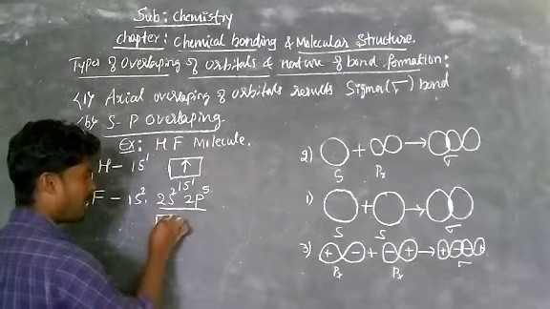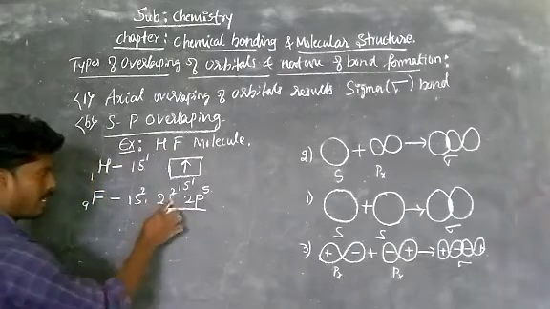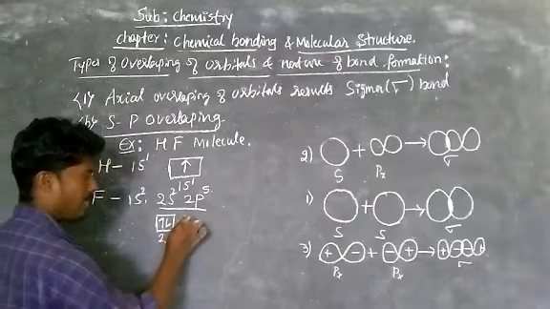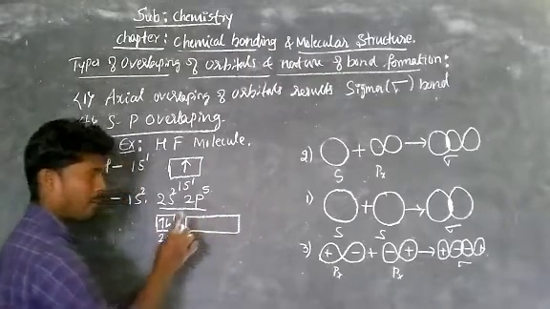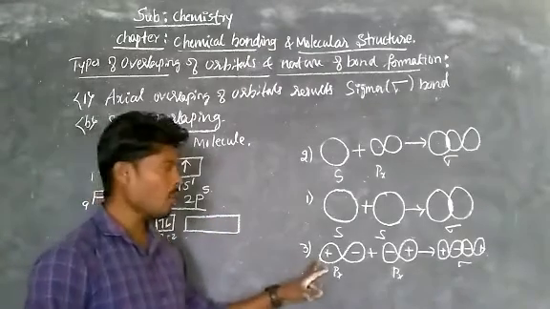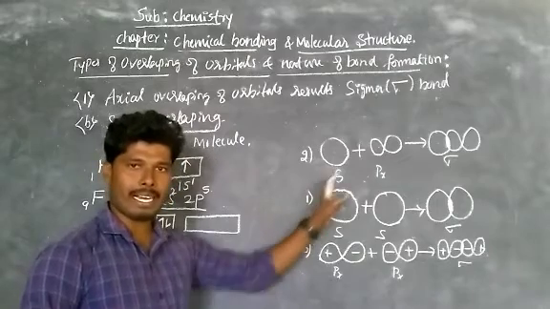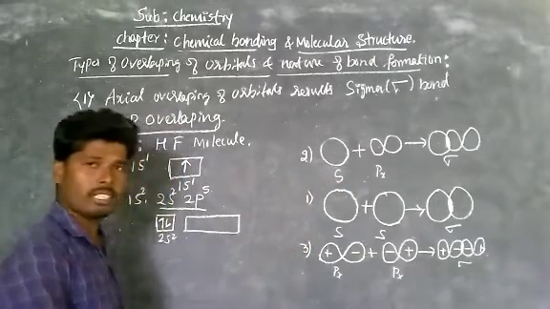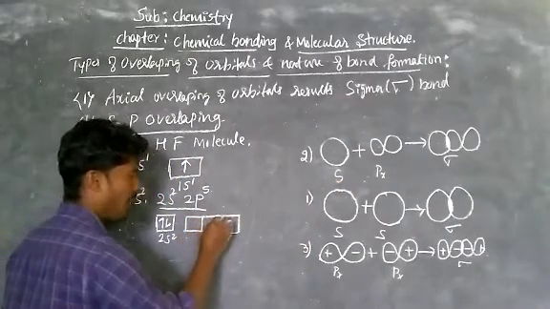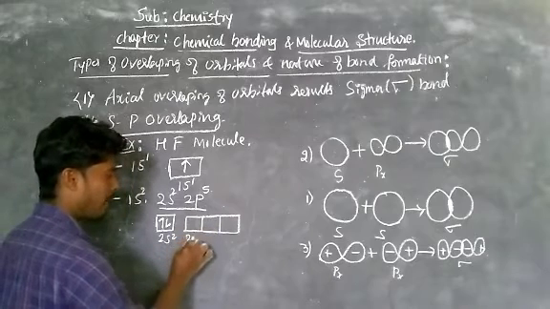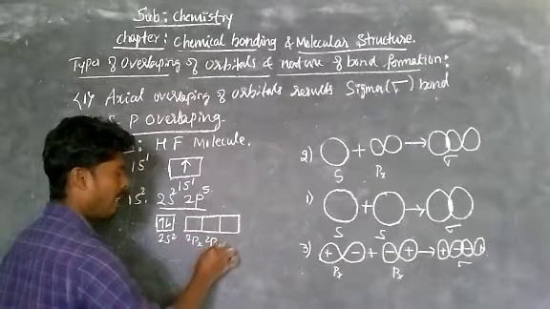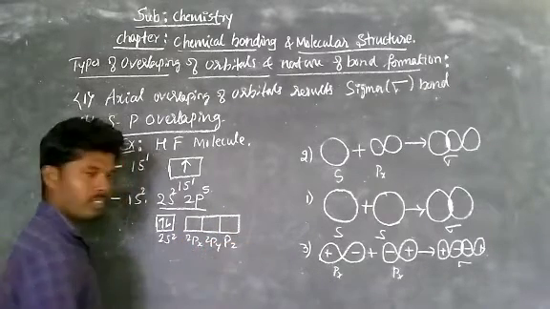This is the 2s containing 2 electrons. Then 2p containing 3 orbitals, right? One is in the x direction, one in the y direction and one in the z direction. These are the 3 orientations of p orbitals: px, py and pz.